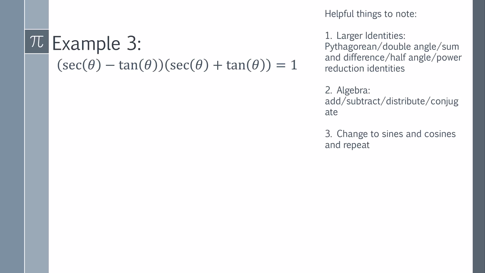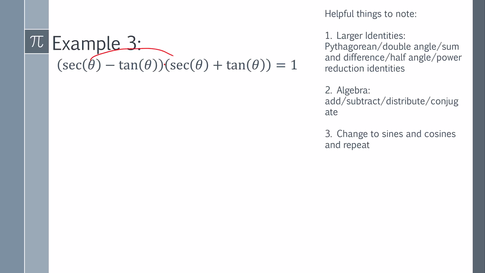Left side or right side? The left side definitely looks more complicated. So, do I see any? Let's start with number 1. Do I see any larger identities? Do I see any Pythagorean or anything like that? No. Step 2, anything to add or subtract or distribute? Well, I do see these being multiplied, so it's distributing.